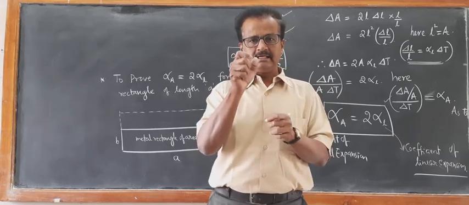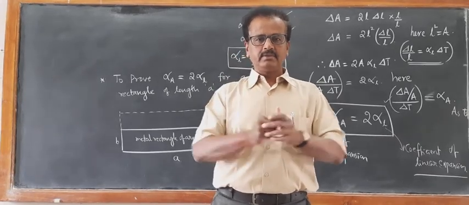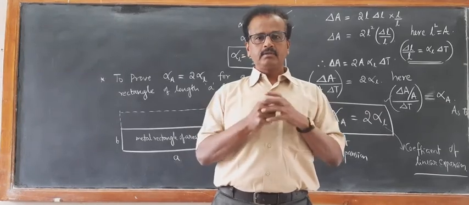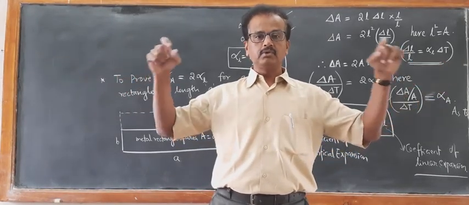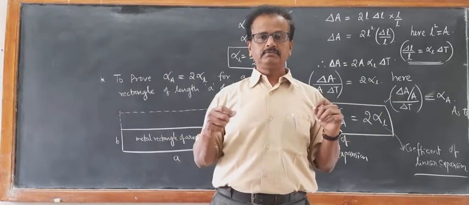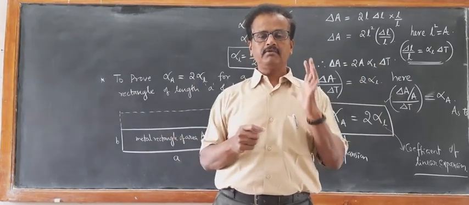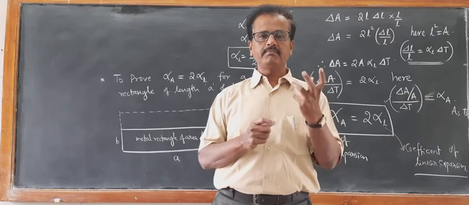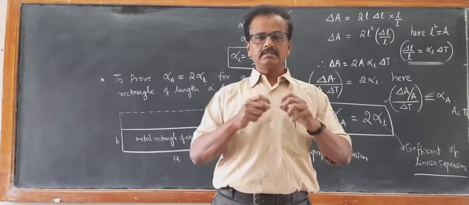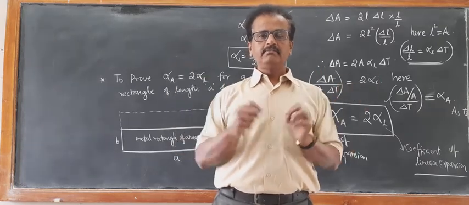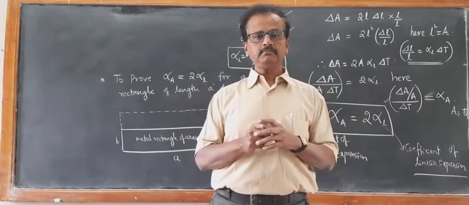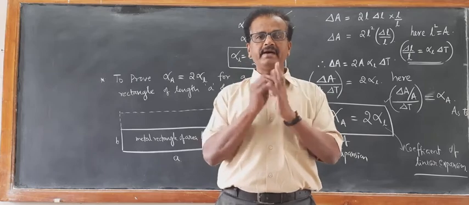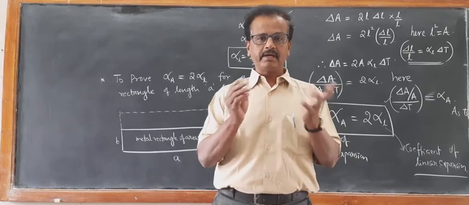So purposely a gap is left, so that in the summer season the linear expansion of the iron rails takes place due to heat. The whole day, a lot of heat will be there due to bright sunshine. As a result, the iron rails tend to expand. So if we do not provide any gap, then what happens?